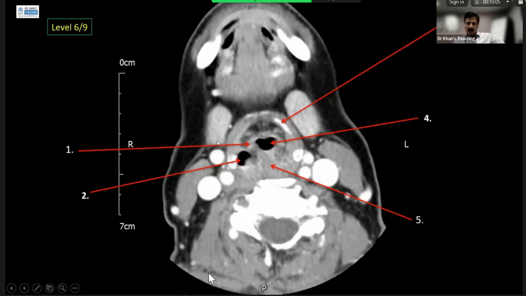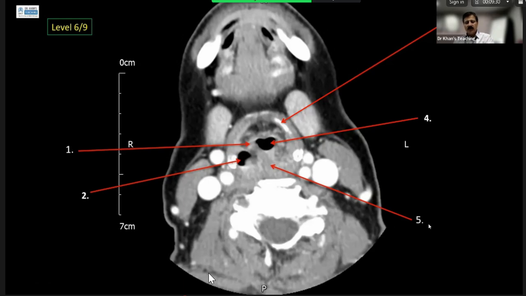What is number one? This thing. And this airway, number two, okay.